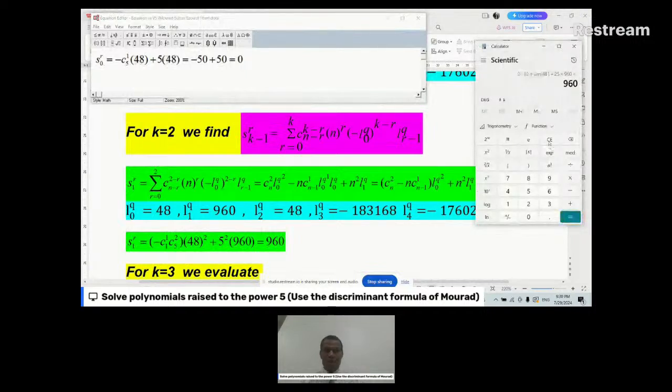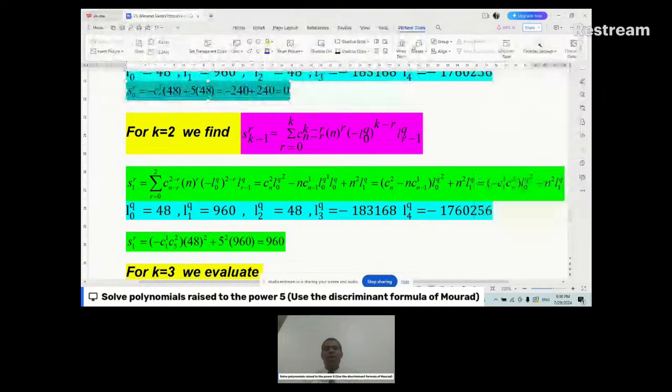Therefore, I'm going to write here negative 240 plus 240. This one, learners, is going to be equal to 0.